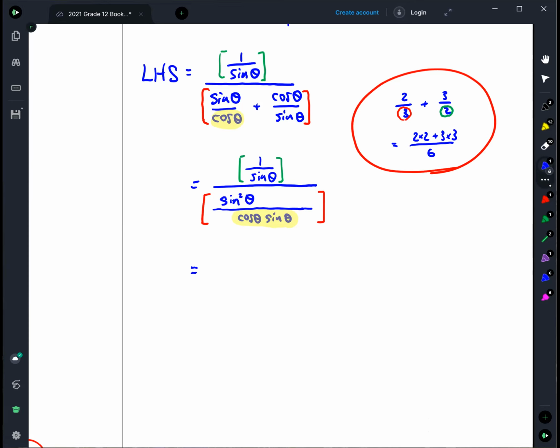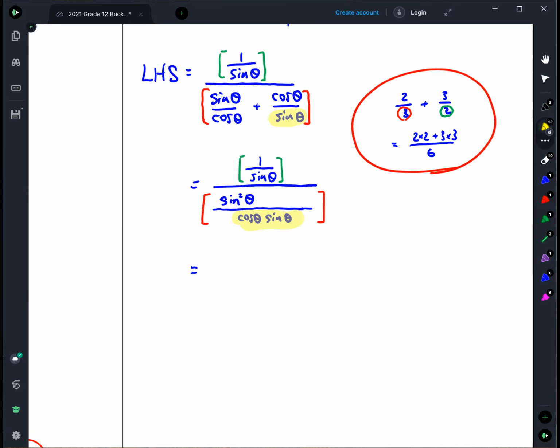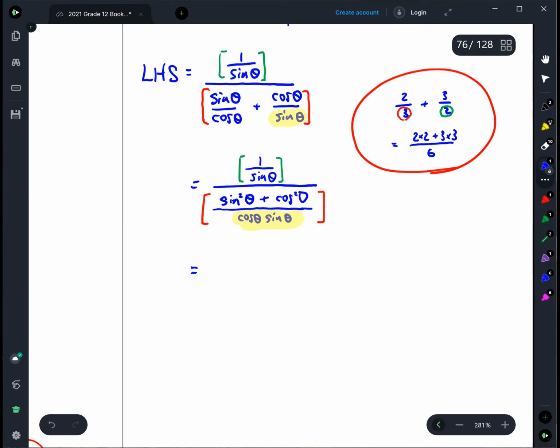All right, now you compare. Okay, so we'll try that again. You compare the second denominator with the common denominator. Sine needs to times cosine, right? To make sine cosine. So the numerator needs to times cosine. Okay, so it should be add cosine squared.